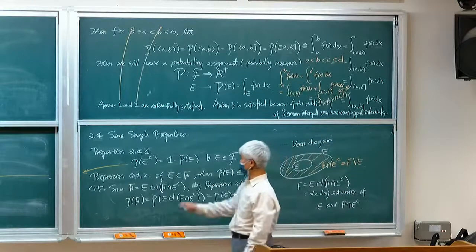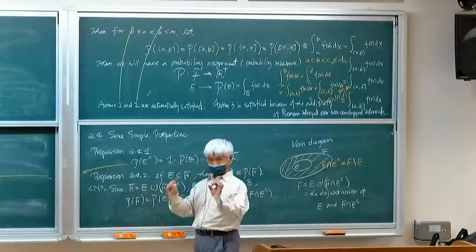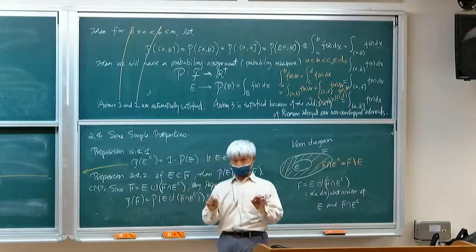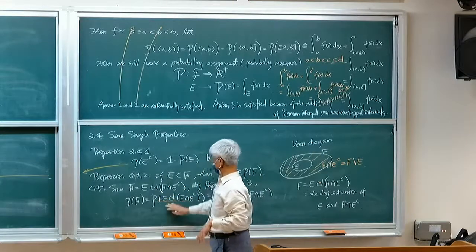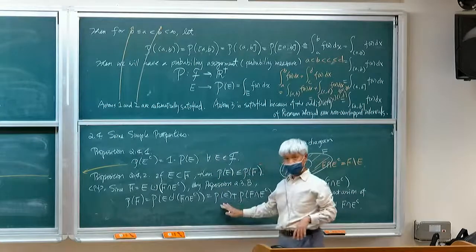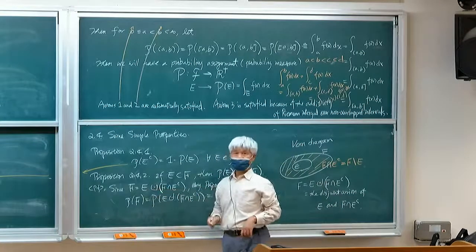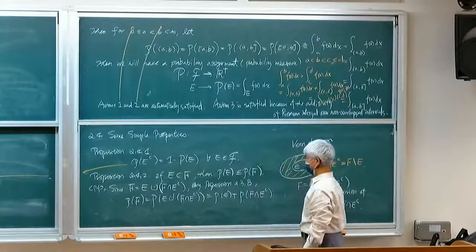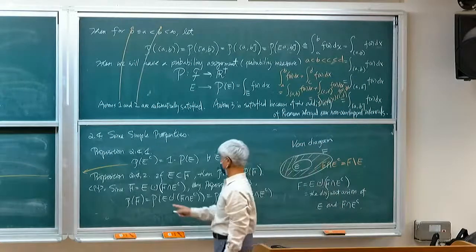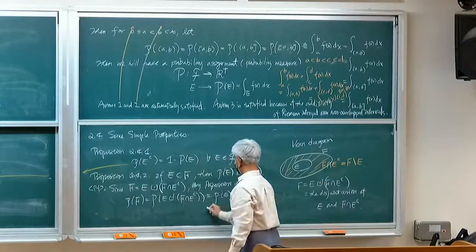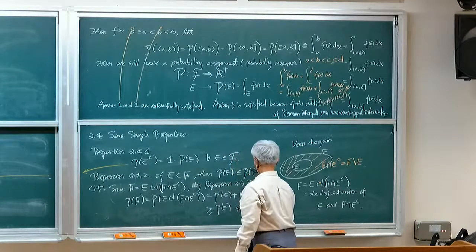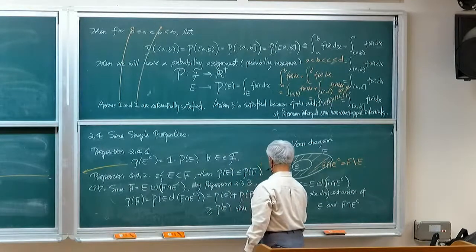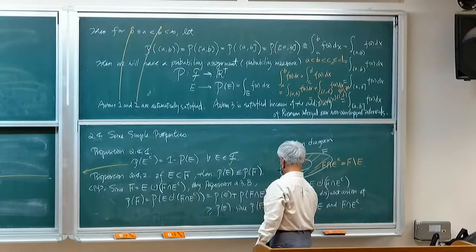So we have two events that are mutually exclusive, so the probability of their union is equal to the sum of the probabilities of the individual events. And this is greater than or equal to the probability of E, since the probability of F intersect E complement is greater than or equal to 0, and we have done.